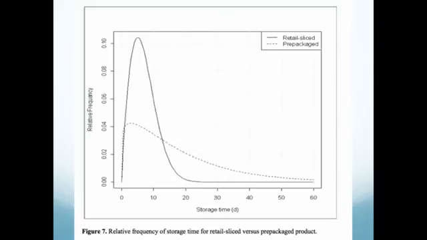So in this relative frequency, the ones that are retail packed will typically get consumed within days. People buy them, store them for a very short time and consume them, whereas the actual pre-packed products can go up to 60 days. And so with time, even though we have low levels of listeria in the pre-packed product, because of the extended storage time, it's possible they could grow. So you've got to think about that.